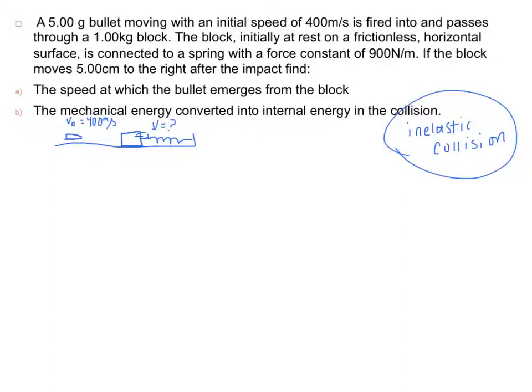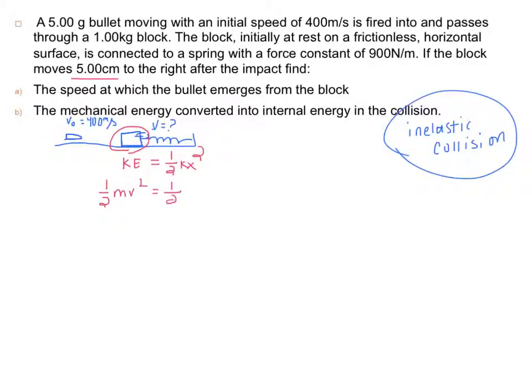So again, once they collide, I know that the block is going to have some kinetic energy, and that kinetic energy is going to be entirely converted into spring potential energy because it is going to compress the spring. So this will actually help me solve for my initial velocity, or the velocity of the block after they've collided.